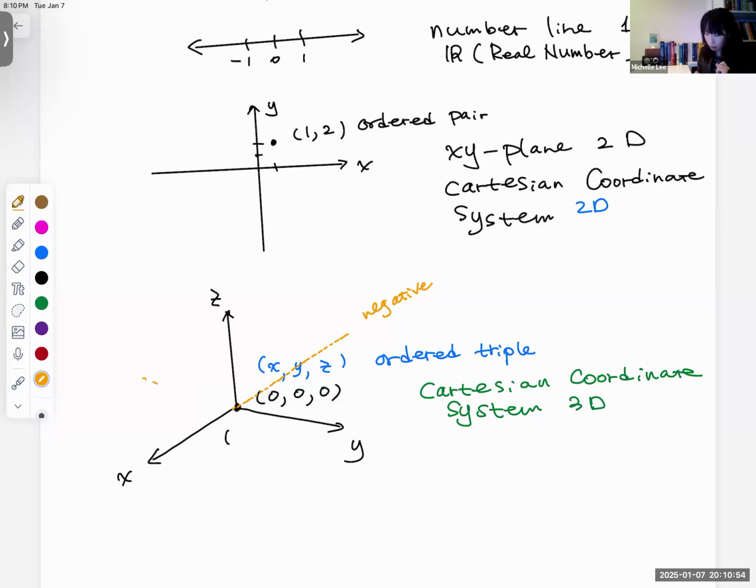I want to make it straight. Is it straight? Not really. Let me do it again. So that is negative.